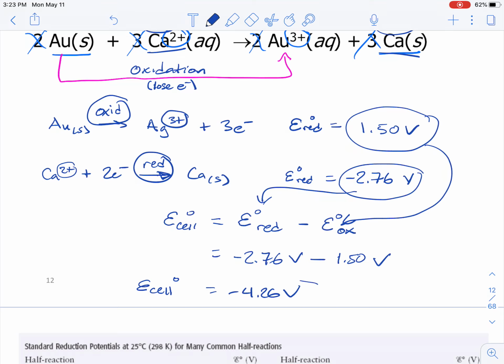And looking at this answer, this is telling me that my cell potential is non-spontaneous. I think I'm supposed to cover that in the next lecture video, but that just came out, so it is what it is.